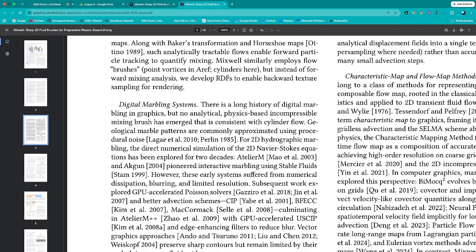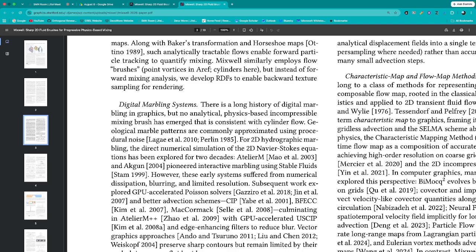So digital marbling systems are kind of like the marbling systems in art in the 19th century and previous explorations of that. There's a long history of digital marbling in graphics, but no analytical, physics-based, incompressible mixing brush has emerged that is consistent with cylinder flow.